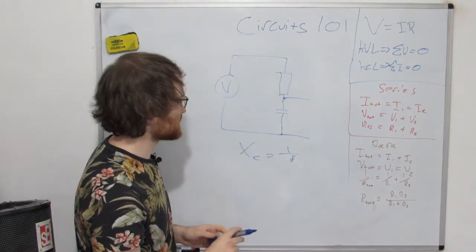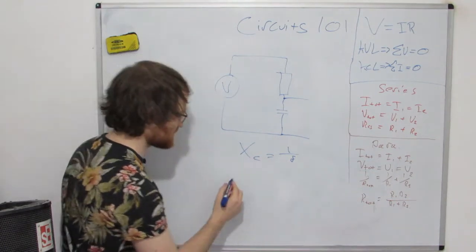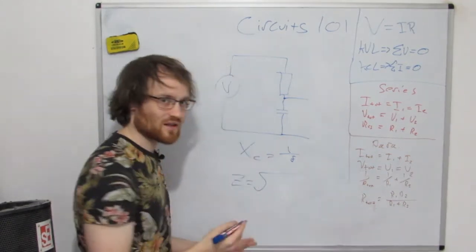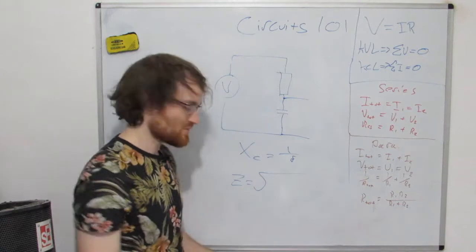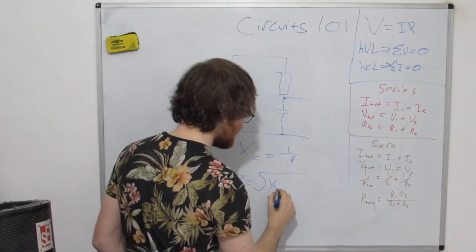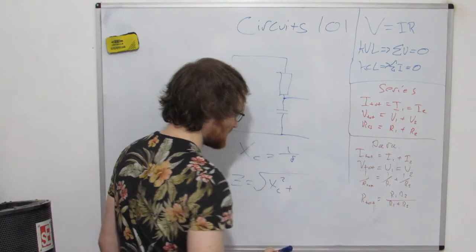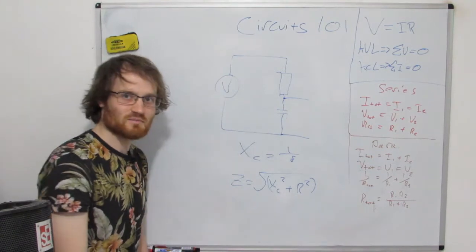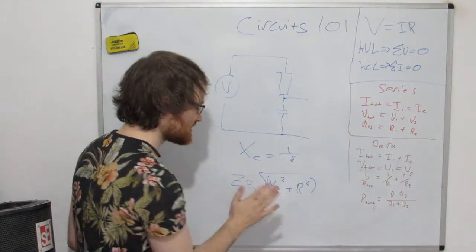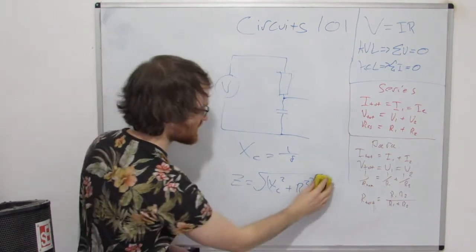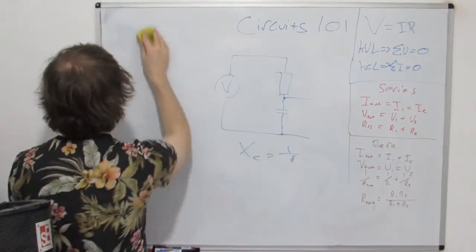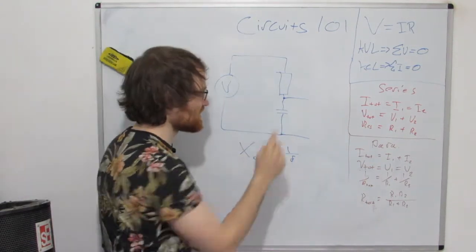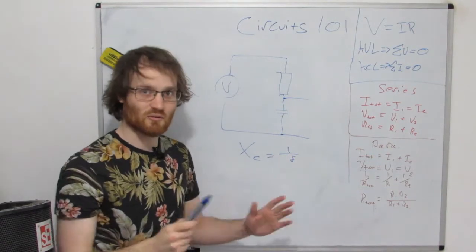Impedance, you write as a Z, and if you wanted to find the total impedance, you'd find this reactance, square it, add it to the resistance squared, and then take the square root of the whole thing. We'll maybe go into that in another episode. Don't worry about that if you don't follow it. I just thought I'd include that for completeness. We're not going to be doing anything like that. We're going to try and analyse this without doing any maths at all. We're just going to look at it and think about this relationship, and that's going to inform what we do.